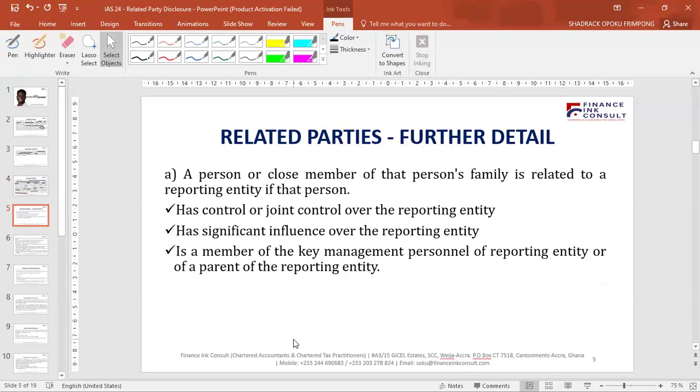So a person or a close member of that person's family is related to a reporting entity if that person, one, has control or joint control over the reporting entity, two, has significant influence over the reporting entity, and three, is a member. In fact, I think when they want to examine you under IAS 24 as a standalone standard, they mostly like to use this.